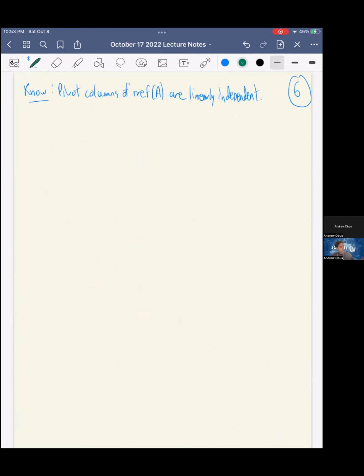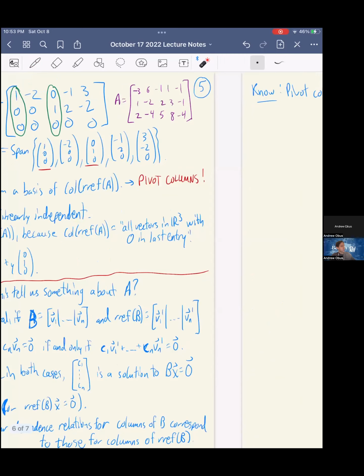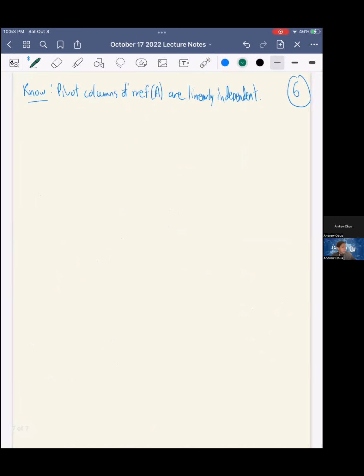So I guess I should say from what we have down here, we know that linear dependence relations for A are the same as linear dependence relations for the row reduced echelon form of A. So that means if you have columns of the row reduced echelon form of A that are linearly independent, then for A itself, the corresponding columns of A are also linearly independent.